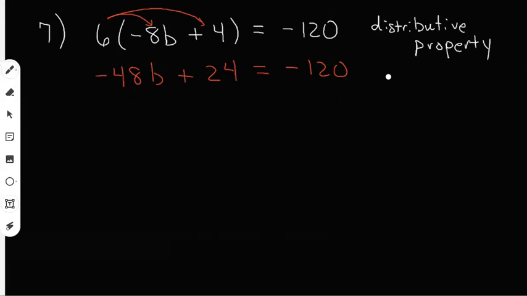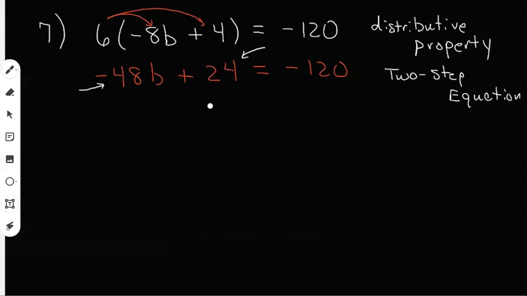So what we have now is a two-step equation. I'm going to solve it in 2 steps. The first thing I need to get rid of is the plus 24 right here. And then I need to get rid of the negative 48 over here. We'll do that last.